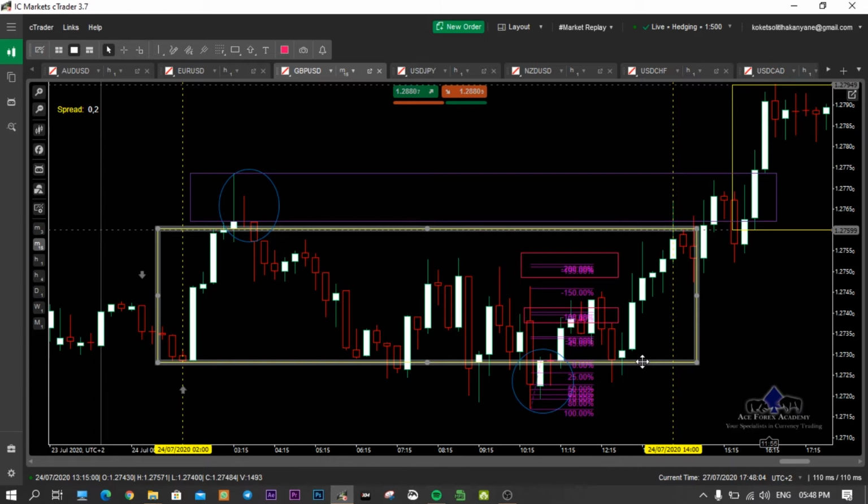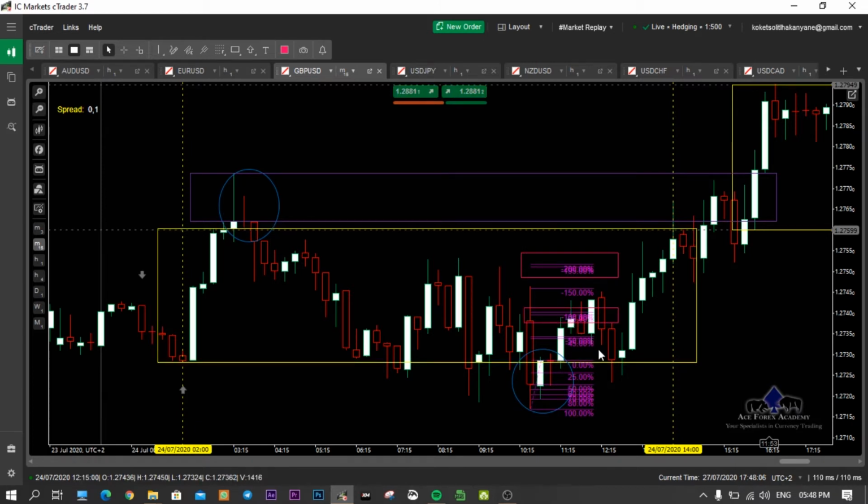As well as the 1:2. All right, so taking this trade with a very conservative stop loss, we walked away with a good trade that far exceeded 1:2, right?